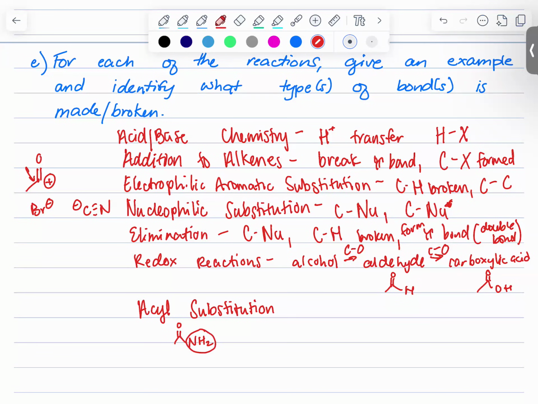So I'll break my C-heteroatom bond. Because we could have NH2, we could have OH, we could have sulfur, we could have phosphate too. Nope, it could be SH or OH or, yeah.